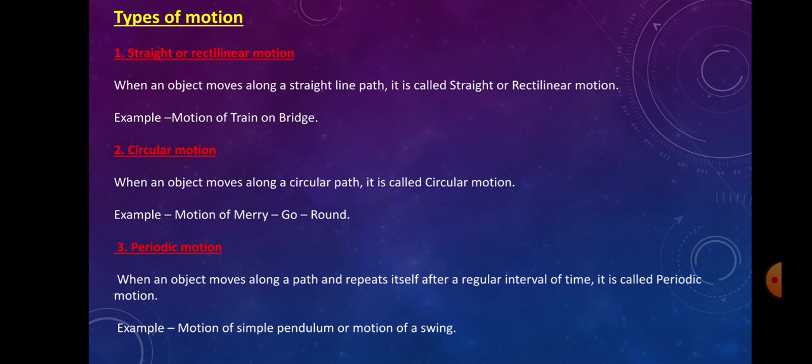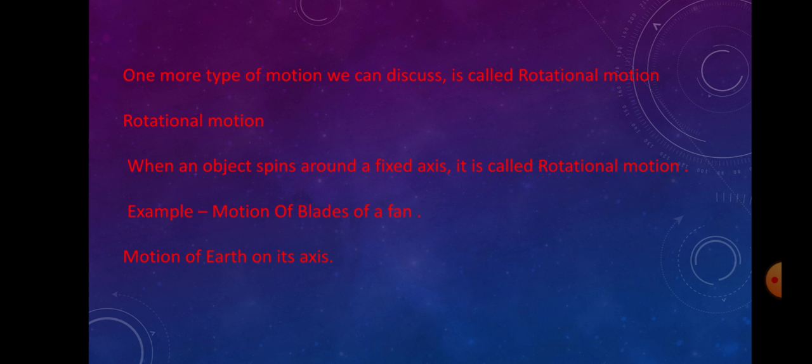Third is periodic motion. When an object moves along a path and repeats itself after a regular interval of time, it is called periodic motion. Examples are the motion of a simple pendulum or the motion of a swing. Now the fourth motion, rotational motion.